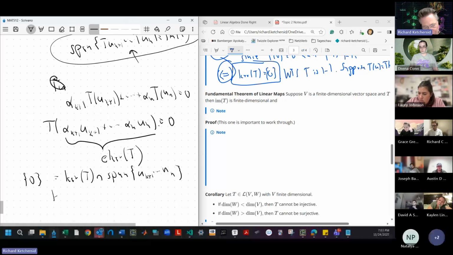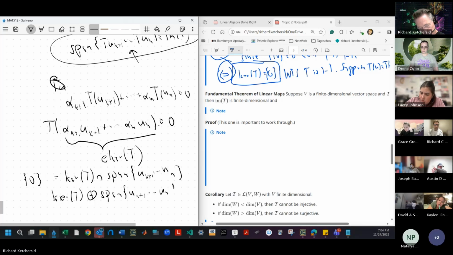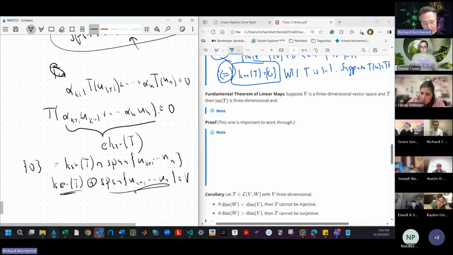In other words, another way of saying this is that the kernel of T plus the span of these things here, but I use the circle plus, so V decomposes into the kernel together with the span of this other stuff. And so the point is this has to actually be 0.